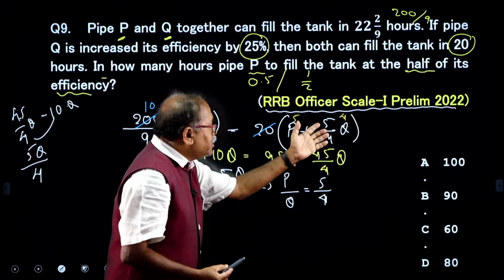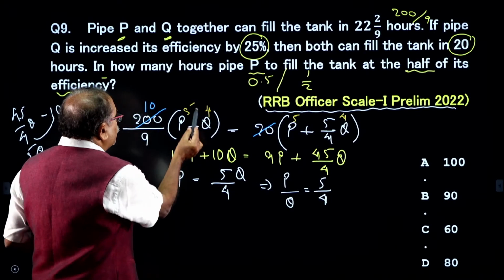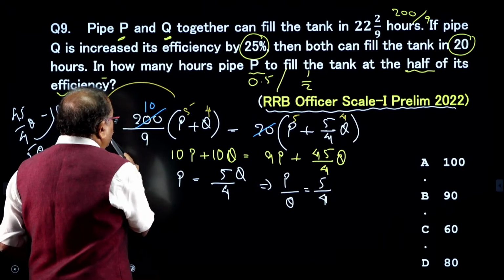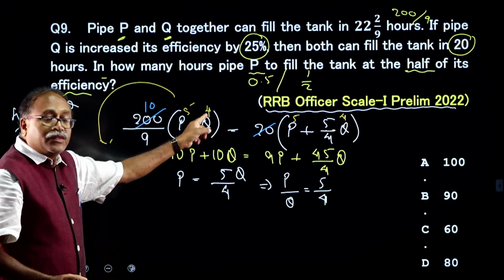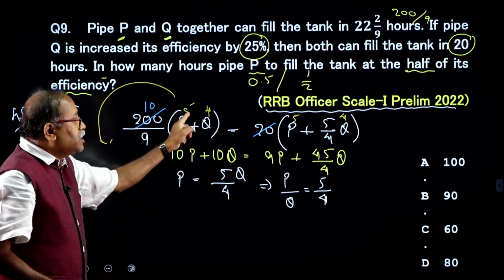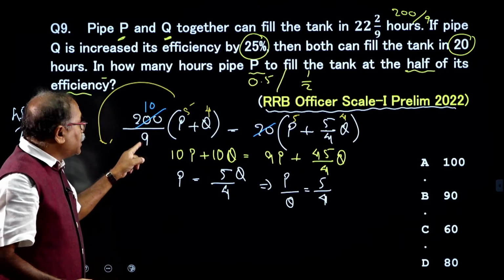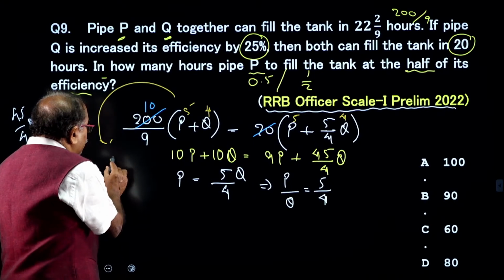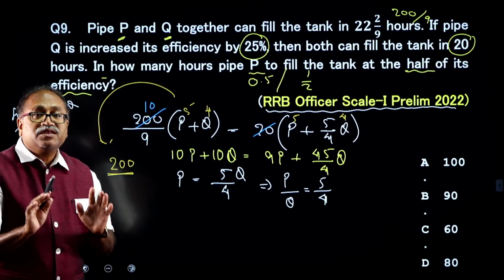Either you do it on this side or that side. I am taking only this side and I replace P and Q by 5 and 4. So what is 5 plus 4? 9. So this 9 gets cancelled. What is the work, the capacity? That is 200. This is the work.